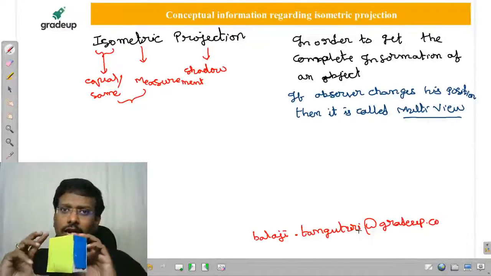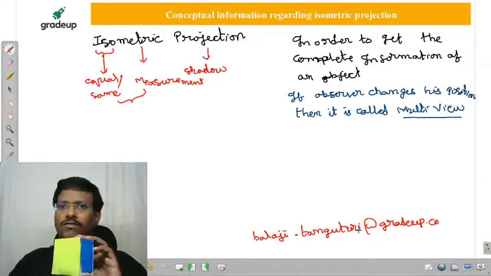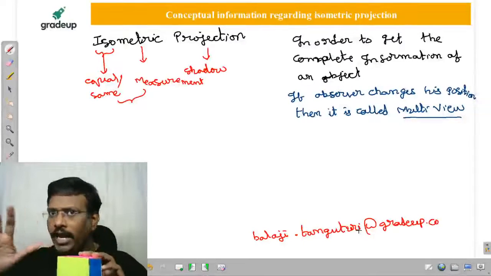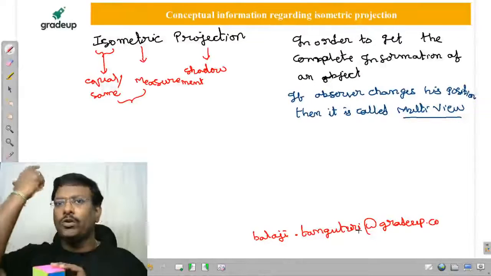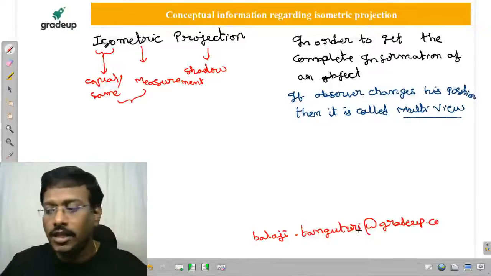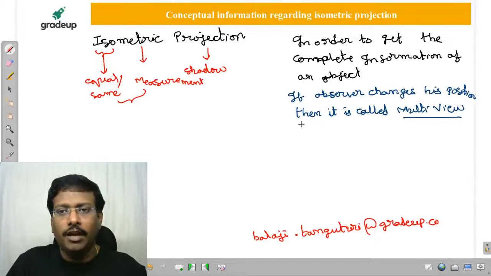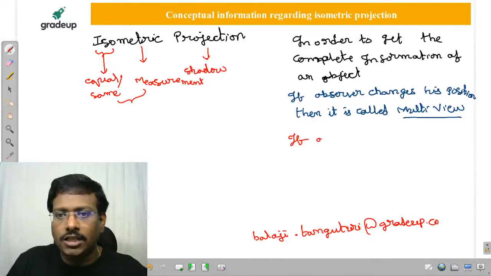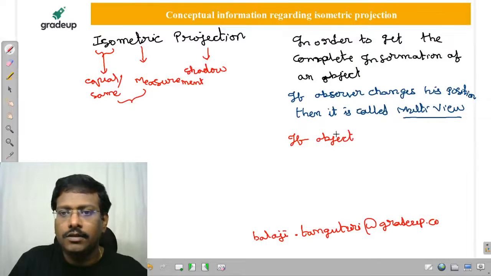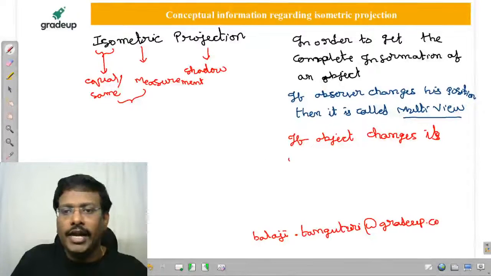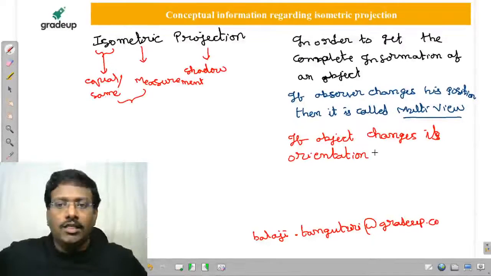So in order to get the complete information of an object, if the observer is not moving, if the object changes its orientation, then what is it called?